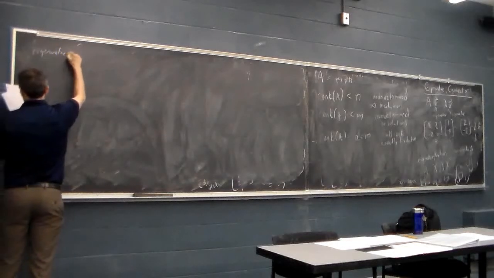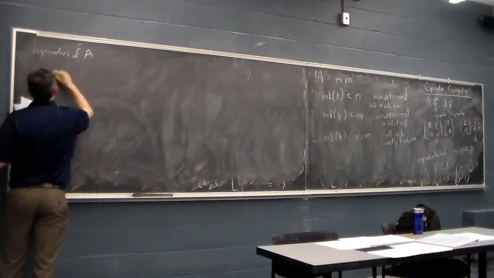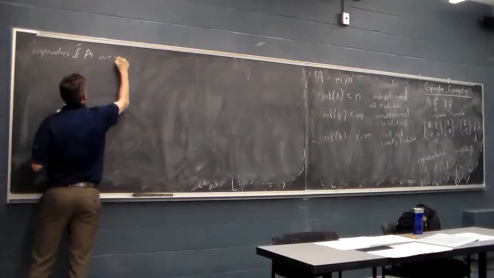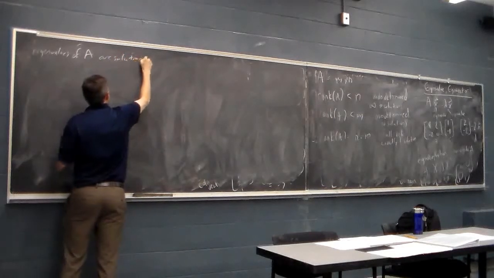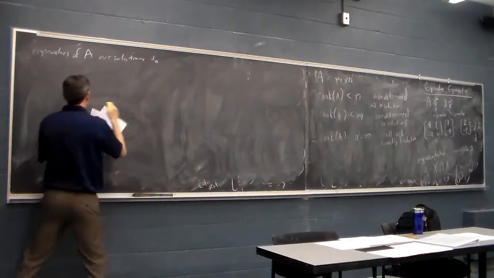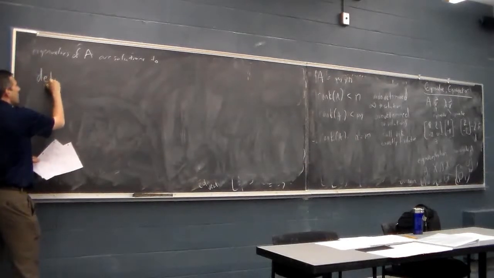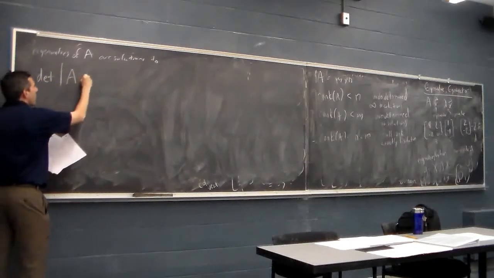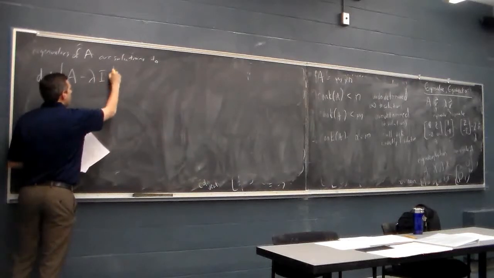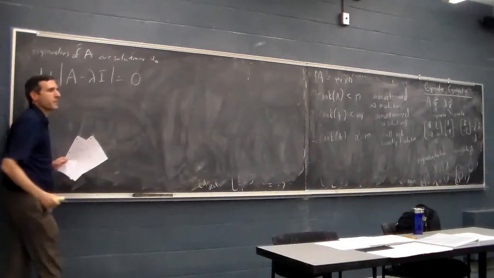The eigenvalues of A are solutions to the following equation: determinant of A minus lambda I equals 0.